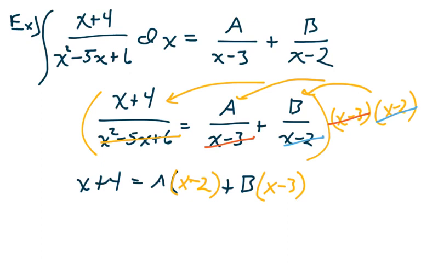Now, again, this is still an algebra equation, so we're going to keep thinking algebra. We're going to do the distributive property, kind of separate and split this up a little bit. And I'm also going to organize these terms because I know where I want to go. I'm going to organize the x terms, that is the ax and the bx, and I'm also going to organize the other terms, that is the minus 2a and the minus 3b.